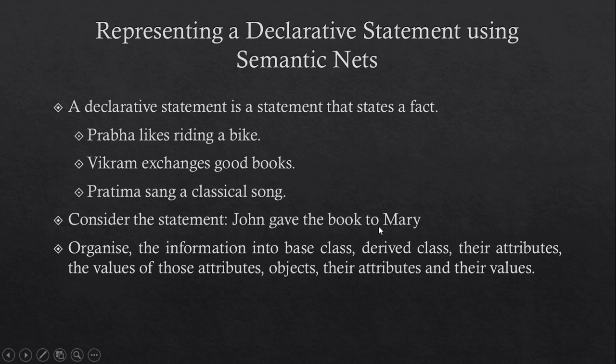In such a declarative statement, one way to approach it is firstly, find what is the event that is happening. Then, who or what is the doer of the event. Then, who or what is the receiver of the event. And then, what is the item that is involved in the event, if any, etc. Basically, organize the information into, say, base class, derived class, their attributes, the values of those attributes, objects, their attributes, their values.